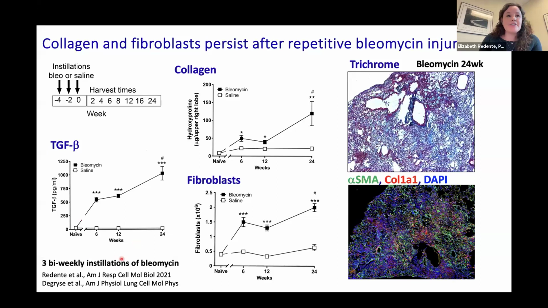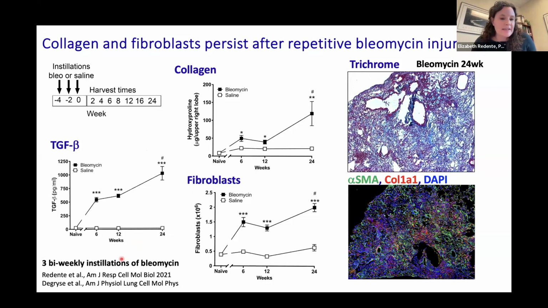All right, we're going to move on to talk about examples of persistent disease. For us, this has been a long-time goal: trying to take the single-dose bleomycin model, where we get this rapid resolution, and develop it into a model where we have sustained disease.